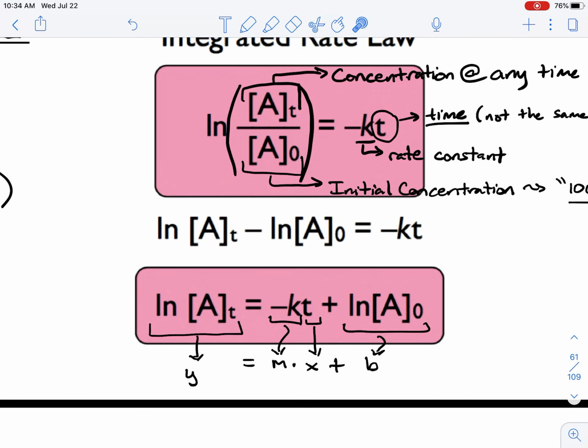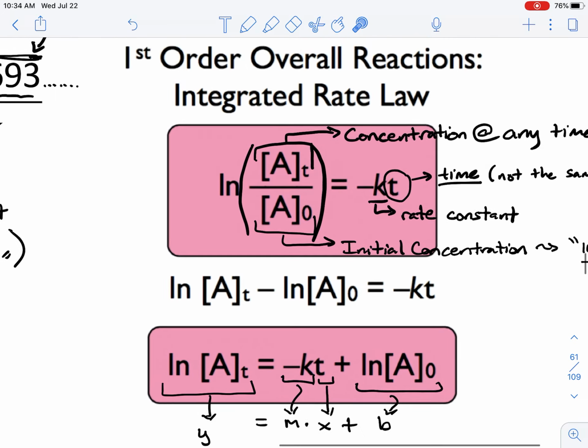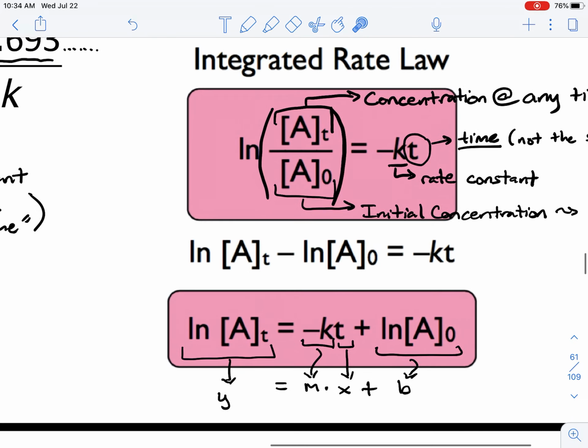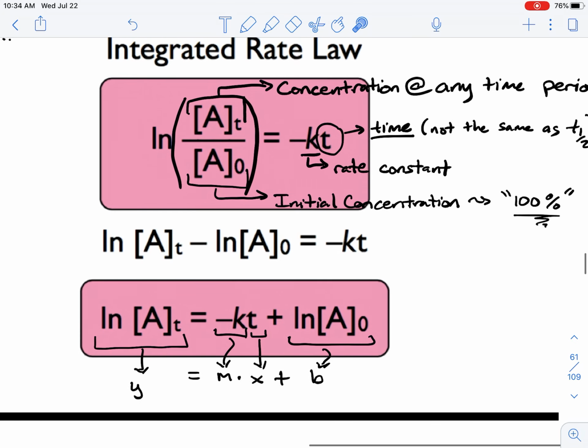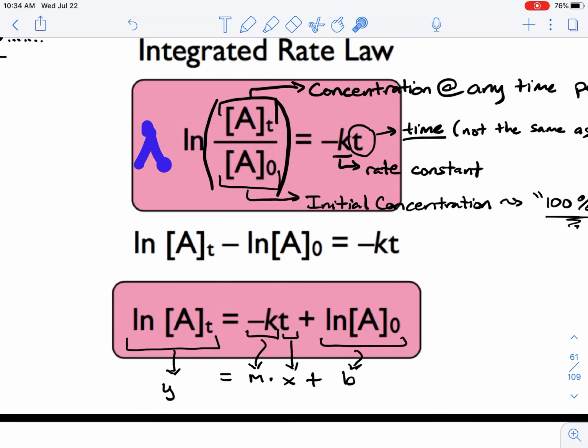And so it doesn't really matter which form you guys choose for first order reactions. It just really depends on the question. So sometimes this form is much easier to work with in word problems. This form might be easier to work with when you guys are graphing first order reactions.